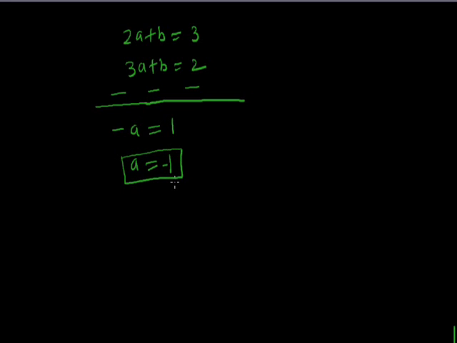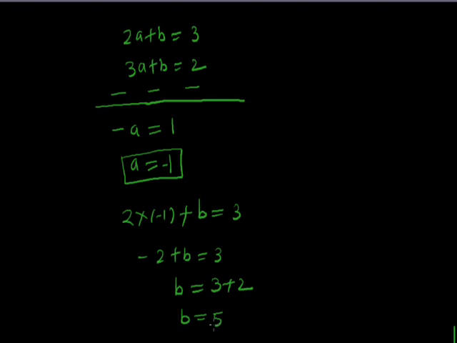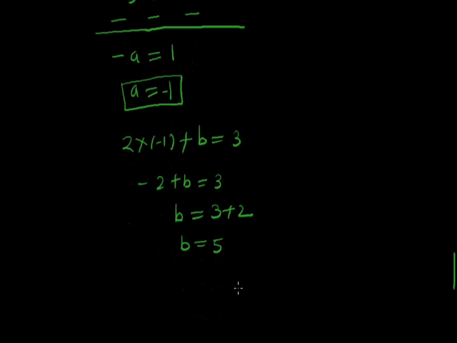If I substitute this value of a in any of the equations, I can get the value of b. So 2 into minus 1 plus b is equal to 3. So minus 2 plus b is equal to 3. So b is 3 plus 2, so b is equal to 5. So we have found the values: a is equal to minus 1 and b is equal to 5.